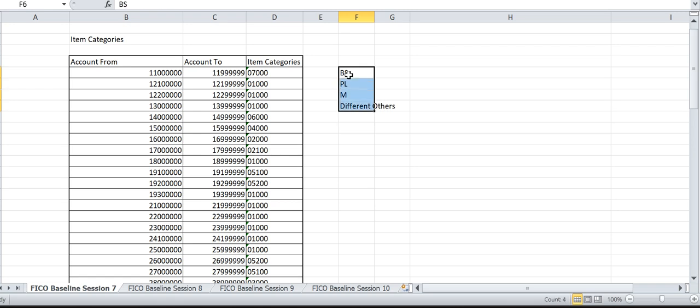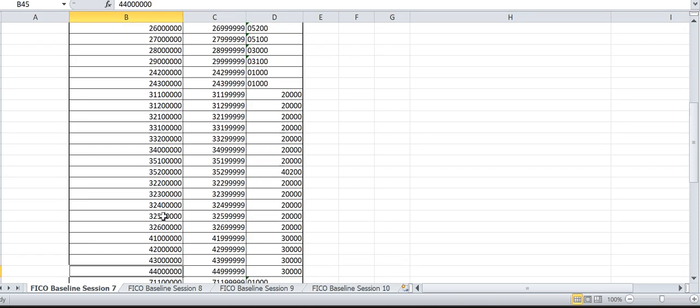Based on the relevant criteria, we have classifications like cash, discount, income. So we will classify our GL account ranges, from and to, into different item categories. This is one setting.